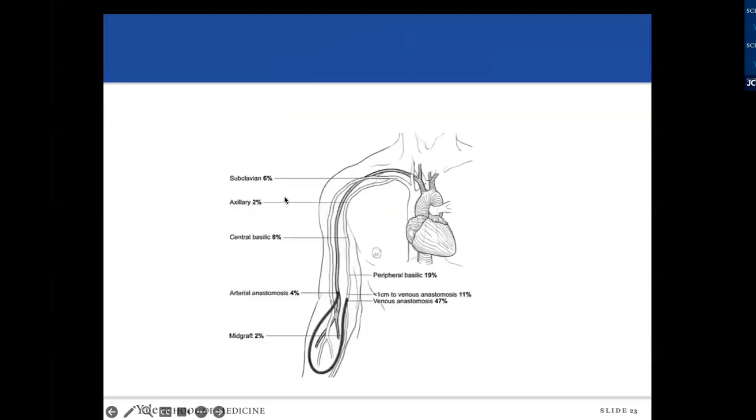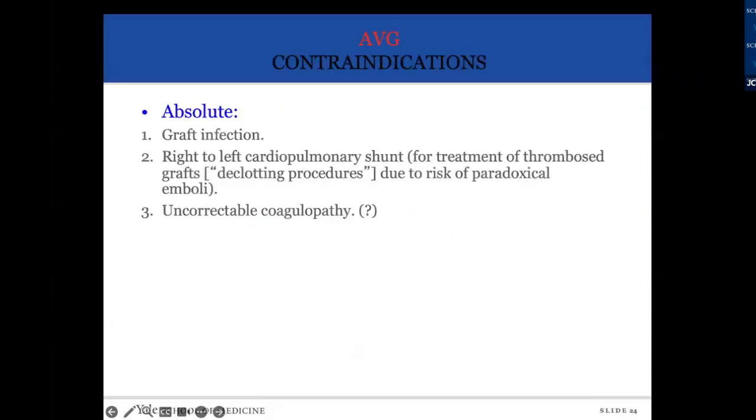And the majority of them, I will say that the reason why I see them is because they have failure at the venous anastomosis more than the arterial anastomosis. And the problem with accessing a graft is that they do have a higher chance of infection than a fistula.